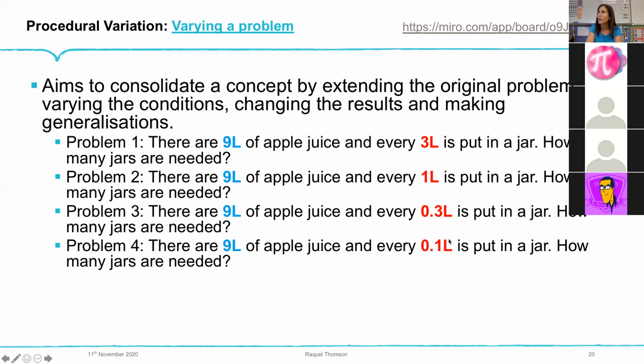So hopefully having discussed that there are 30 jars for 0.3 liters in each, they will then see a pattern, a link, a connection, and then they will realize that for 0.1, that would be 90 jars.